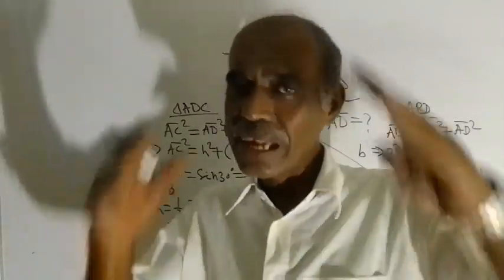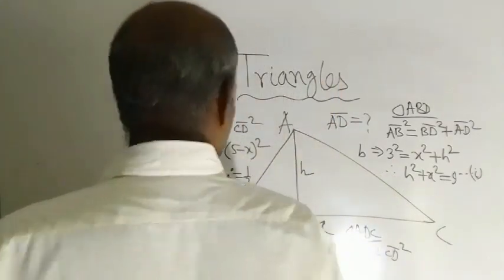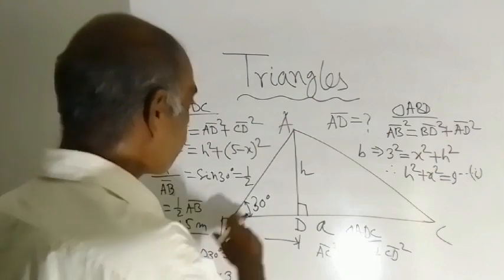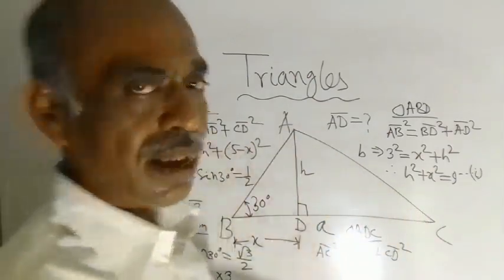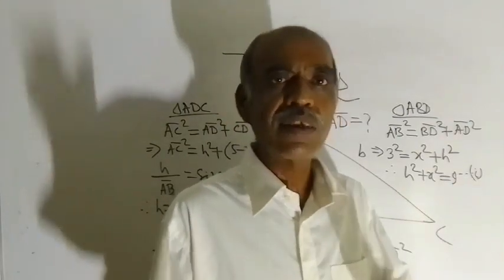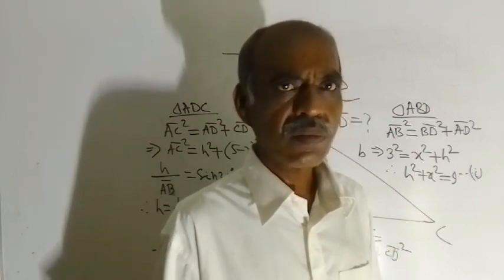And if any other thing is required, say you are asked to find other perpendiculars, from B to this perpendicular, from C to this perpendicular, following the same procedure you can easily find all the perpendiculars.